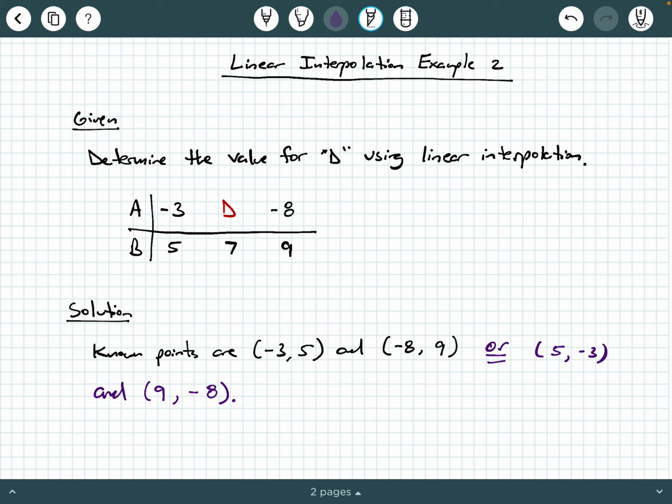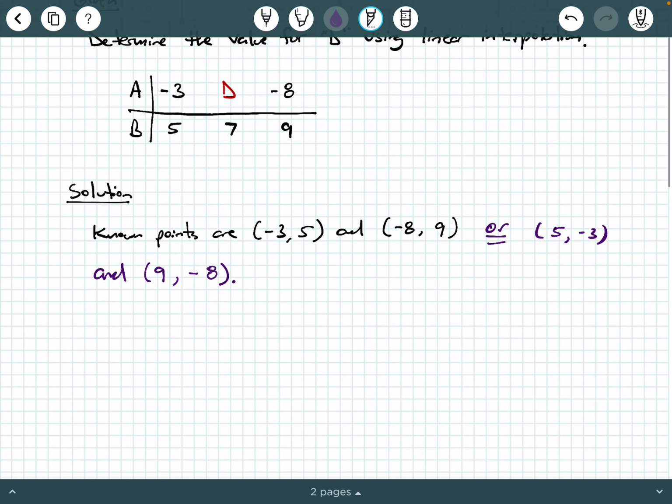So again, in terms of executing the linear interpolation process, all you need to know is what 2 data points are corresponding with one another, which points are forming the ordered pairs, okay? So I'm going to look at this as -3, 5 and -8, 9, but I encourage you on your own, just reverse each of these numbers. Now, you got to reverse them both. Notice I said 5, -3 and 9, -8. You have to reverse both of them, but you could do it that way and you'll get the same value that I'm going to get with D here in just a second.